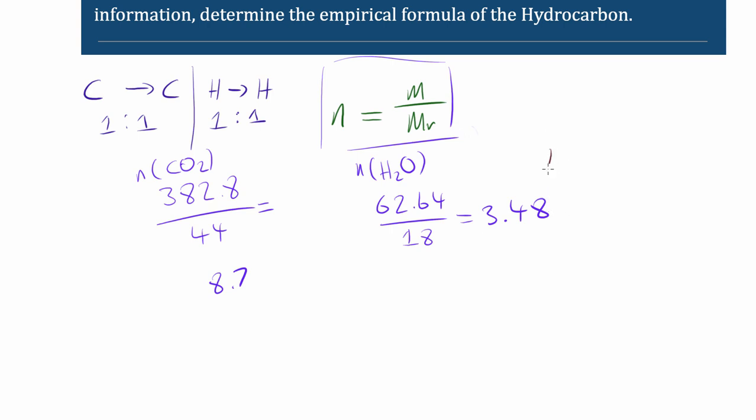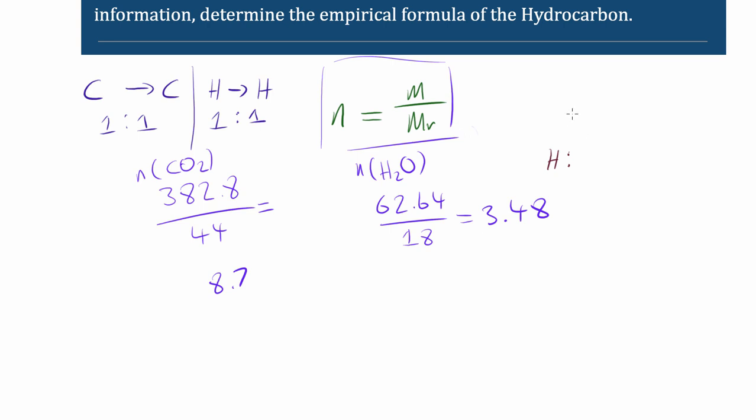Now, for the water, we do need to consider the ratio between hydrogen and water. As I was saying earlier, the hydrogen that was in the hydrocarbon all went into producing water. But that is not to say that the ratio of moles of hydrogen atoms to moles of water molecules is a 1-to-1 ratio.